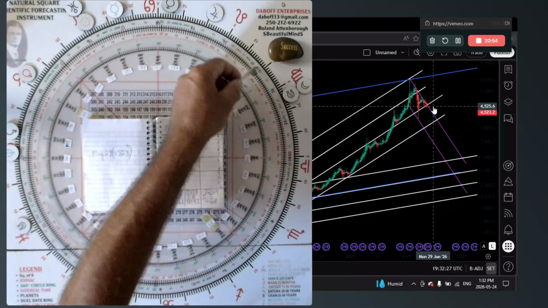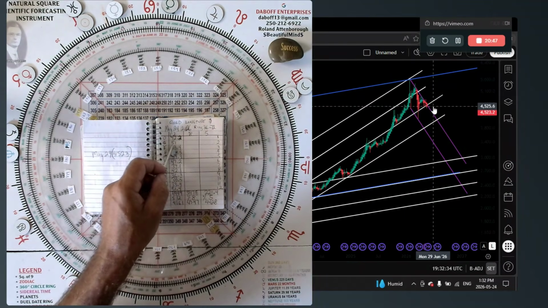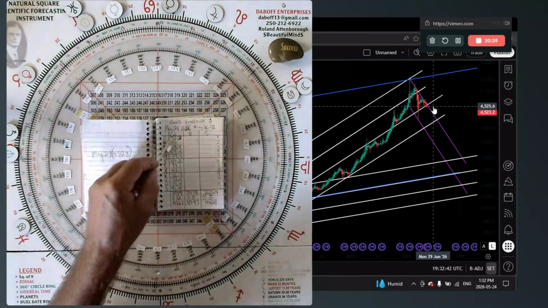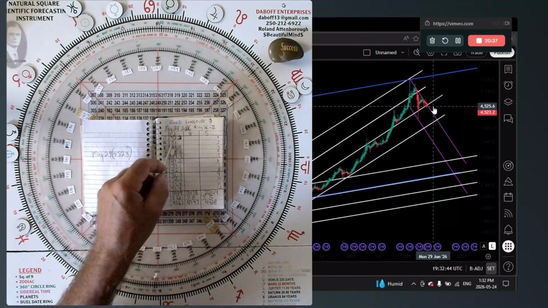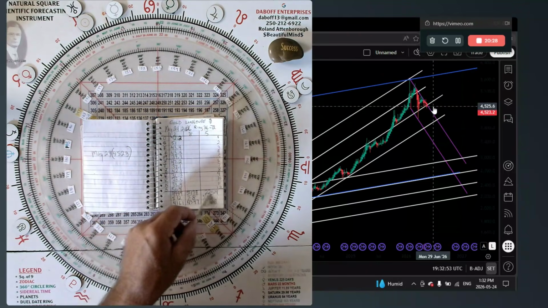We're only using it to find where the sun is, and then we're placing it based upon the ephemeris. That's what we're using. We're using the ephemeris to find out where these planets are, and then we can logically place them where they are on the circle, and then we take the proportionate parts of the circle to find and make a determination as to what the price resistance levels are.